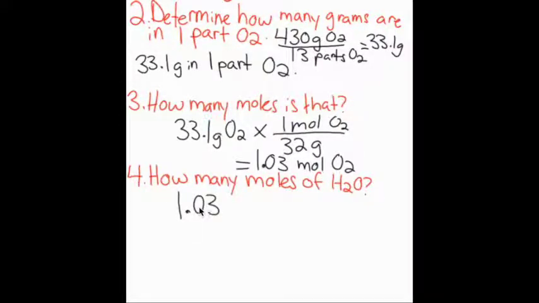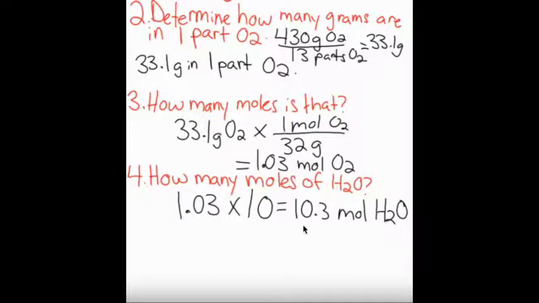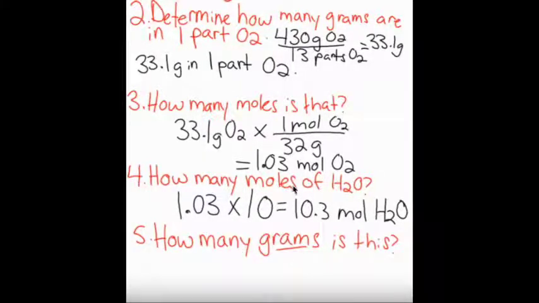We're going to just multiply those out. That's, again, why those coefficients are so important. We're going to take 1.03 times 10 equals 10.3 moles of water. And now the next part is actually pretty easy. You're going to convert this to grams, and then you know how much water you should get as a product. So step 3, how many grams is this?